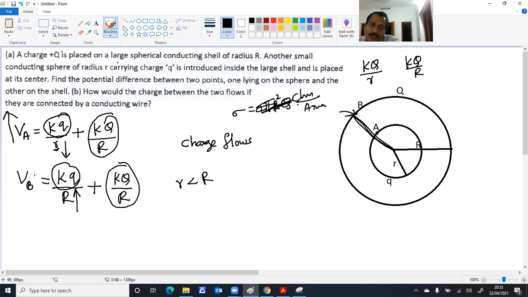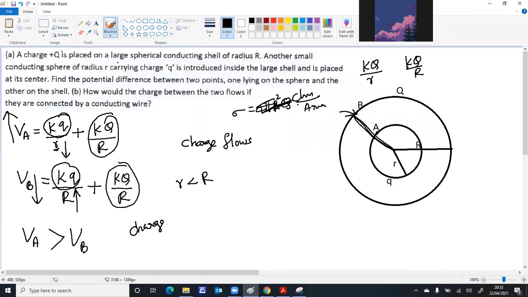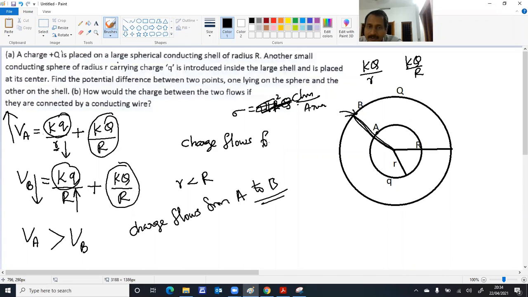If R is greater, that potential should be less. A has more potential, so charge flows from A to B, from higher potential to lower potential.